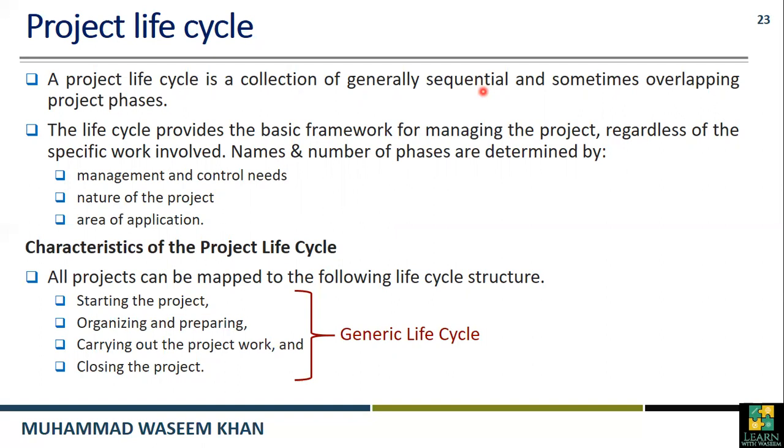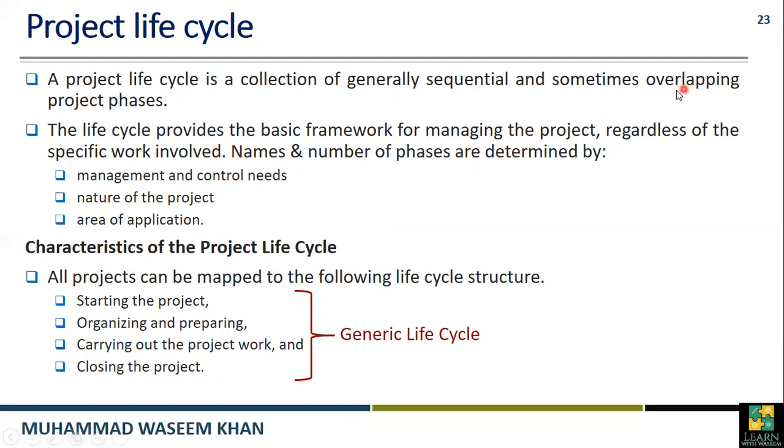Similarly, phase three will start once phase one and phase two are fully completed. So phase one starts and ends, and after that phase two starts, and so on. That is called sequential phases.